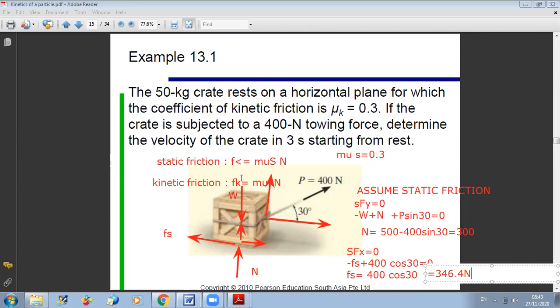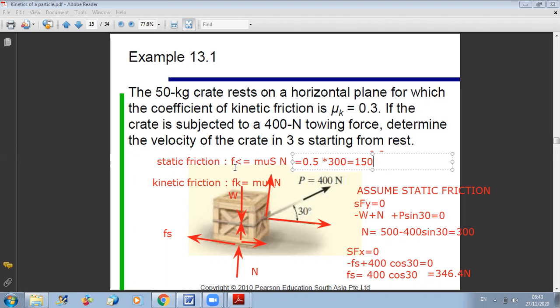F should be smaller than or equal to mu s N. In this problem, mu s N is 0.5 times the normal, which is 300. It's equal to 150. So it is clear that my assumption is wrong.